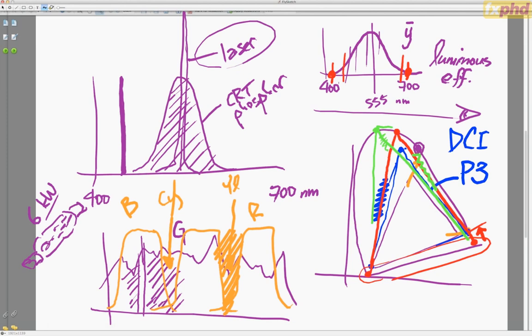And some of you might be thinking to yourself, well, gosh, it seems pretty clear that what we should do is have a 4 primary system, and then we can get all those colors. That's absolutely feasible, but not really practical and economical today.